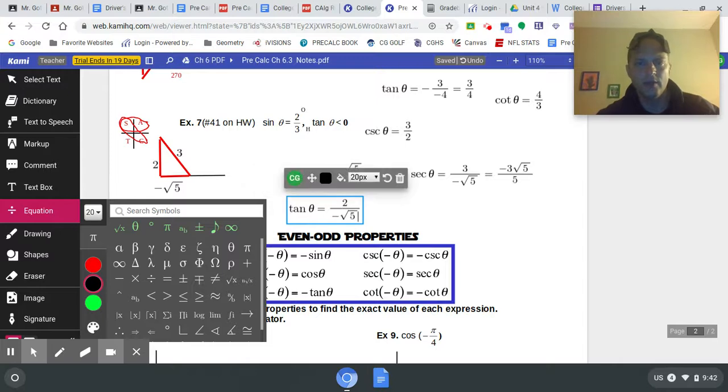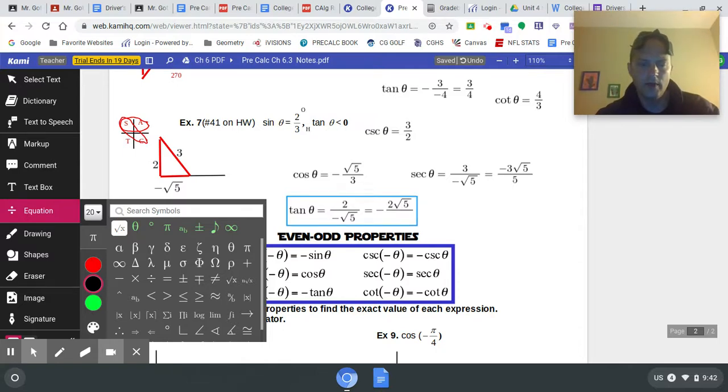If you leave it like that, you're a dirty rat. So for the final answer, I'm going to get a negative. Multiply top and bottom by root 5, I get 2 root 5, and on the bottom, root 5 times root 5 is 5.